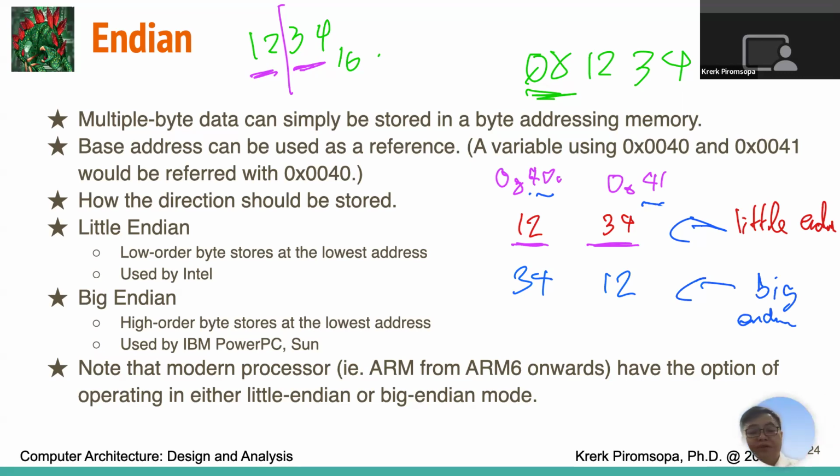So let me give you an analogy to this. Maybe you will understand. Since we use the Thai language, we write from left to right. But some languages write from right to left. So if you have some number like 1025, we learn to write it this way.